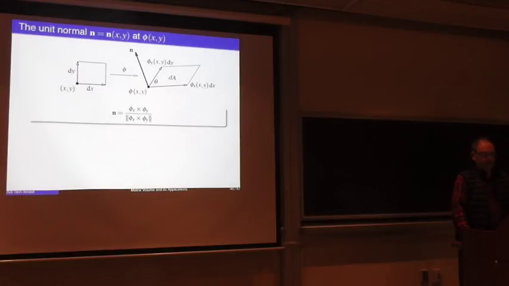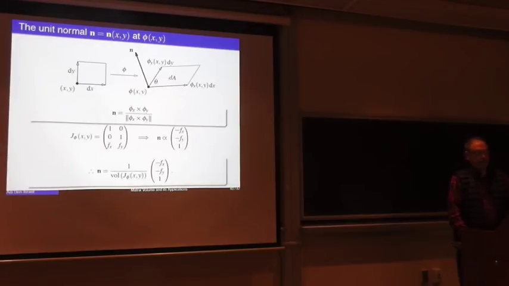In many examples I need the normal. And the normal is just perpendicular to phi x and phi y, to the gradients, and we can write it explicitly as the cross product normalized, because we want the unit normal. But if I look at the 3 by 2 Jacobian, then it's easy to write the normal just by inspection, because the vector that is perpendicular to these two vectors will have minus fx, minus fy, 1.